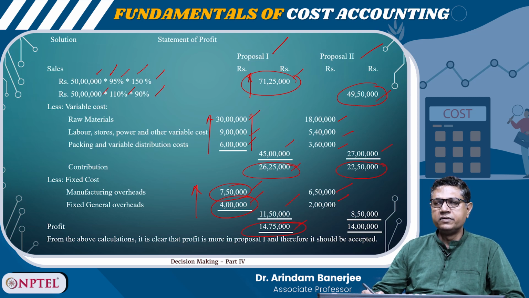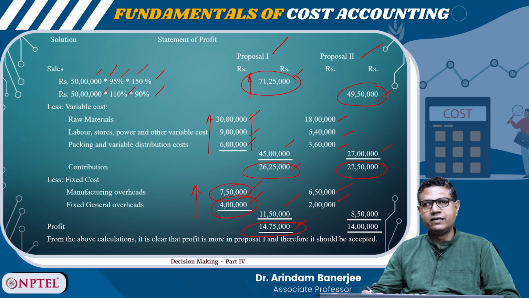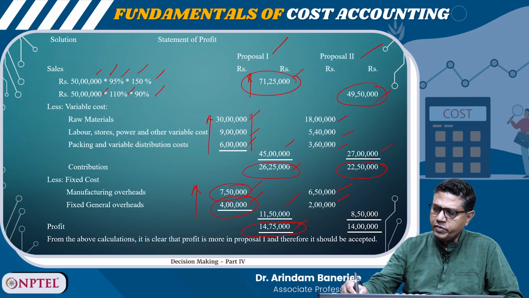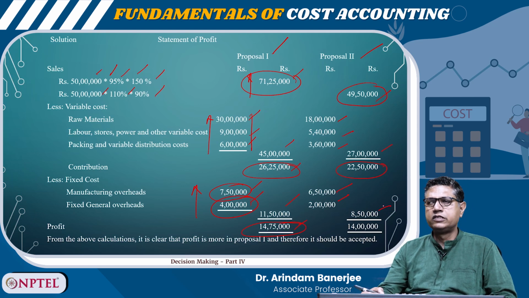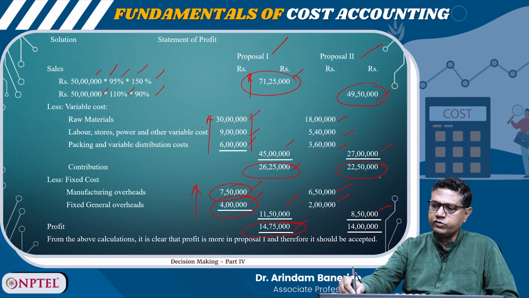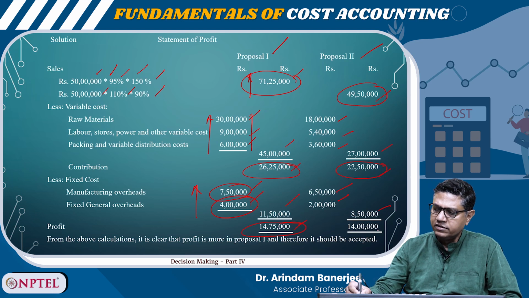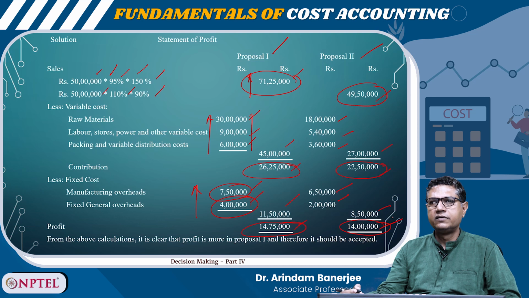So, both manufacturing overheads and fixed general overheads are getting reduced in this proposal 2. If I add these two, the total fixed cost I will get is rupees 8,50,000. This total fixed cost of 8,50,000, if I reduce from the contribution of 22,50,000, I will get the profit.